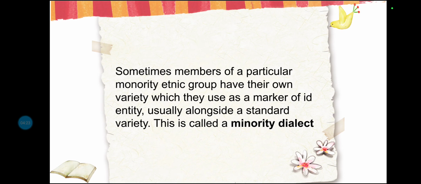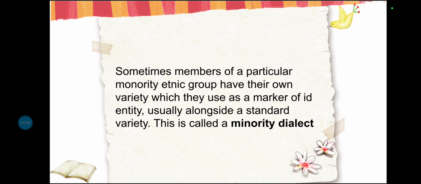And then we have the next one. Sometimes members of a particular minority ethnic group have their own variety which they use as a marker of identity, usually alongside a standard variety. So this is called a minority dialect. It is related to regional dialect because, for example, in Ilocano, we have different kinds of Ilocano.